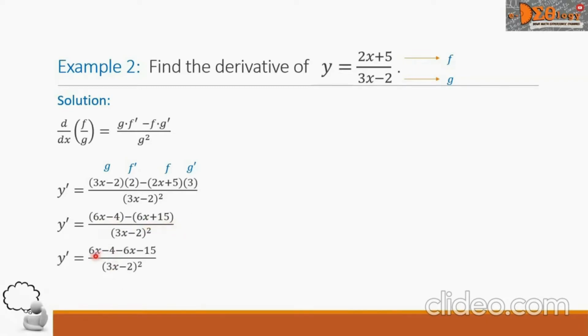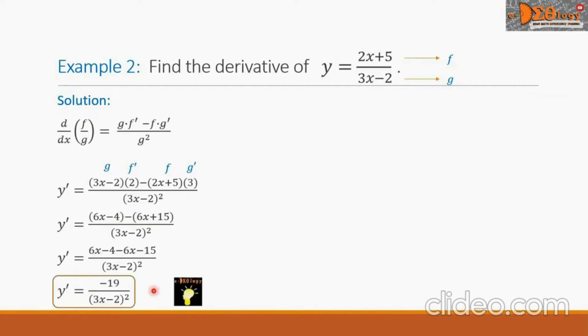So we have now 6x minus 4 minus 6x minus 15. Combining similar terms in our numerator, we have the final answer to be y prime equals negative 19 all over the square of 3x minus 2. This is the final answer.